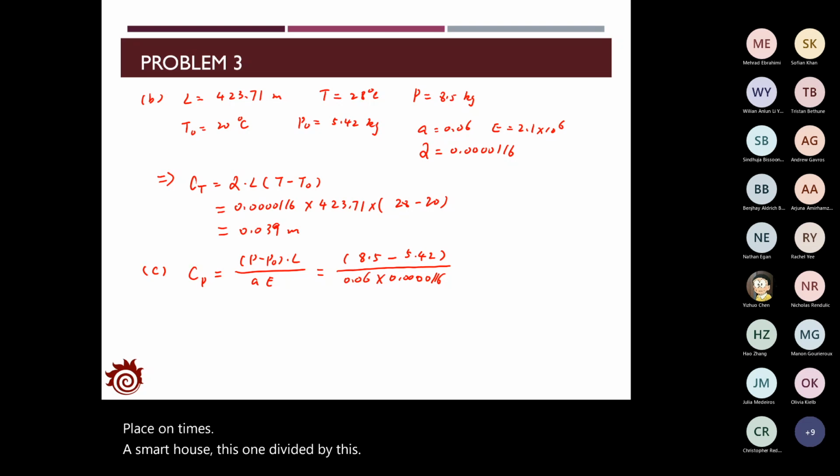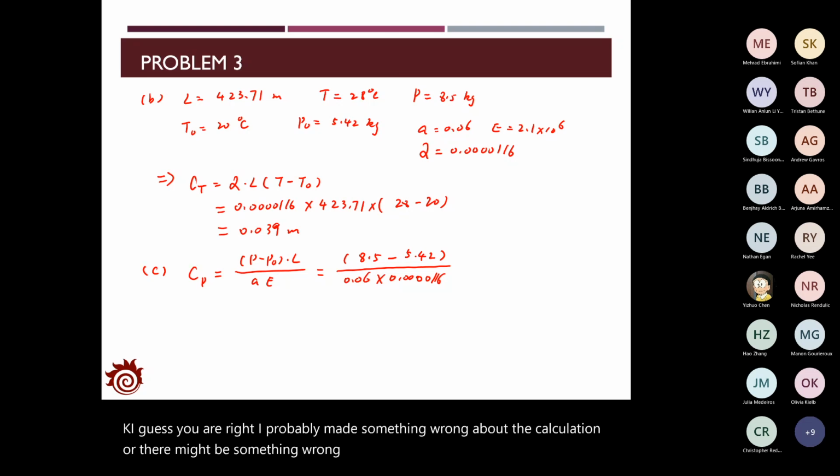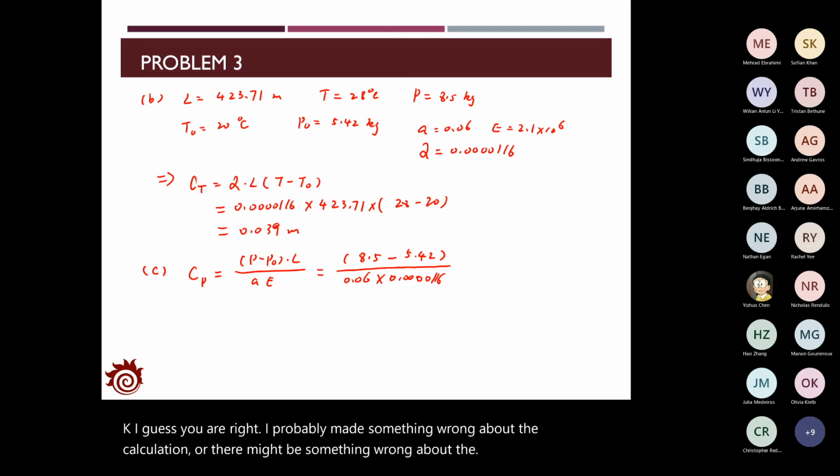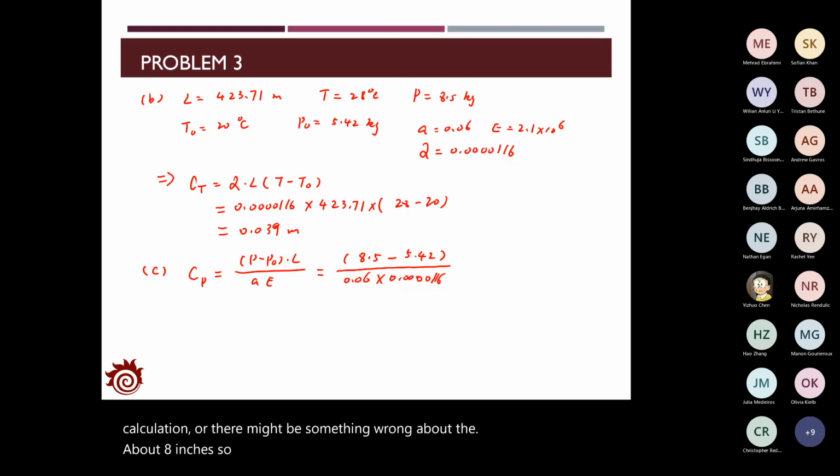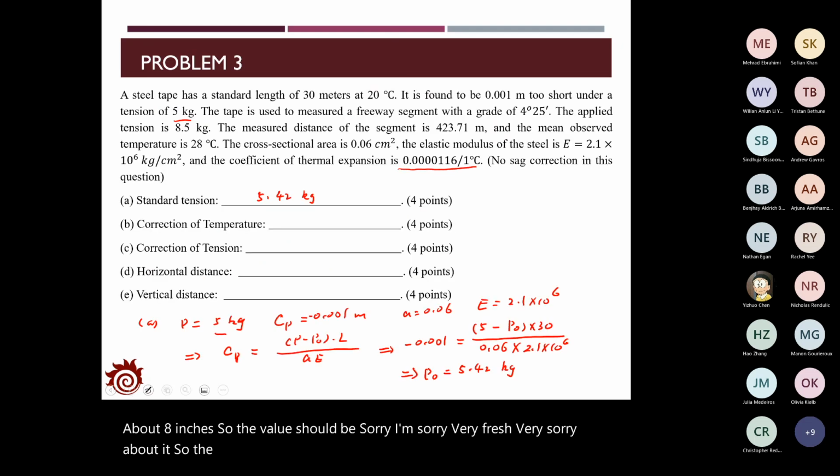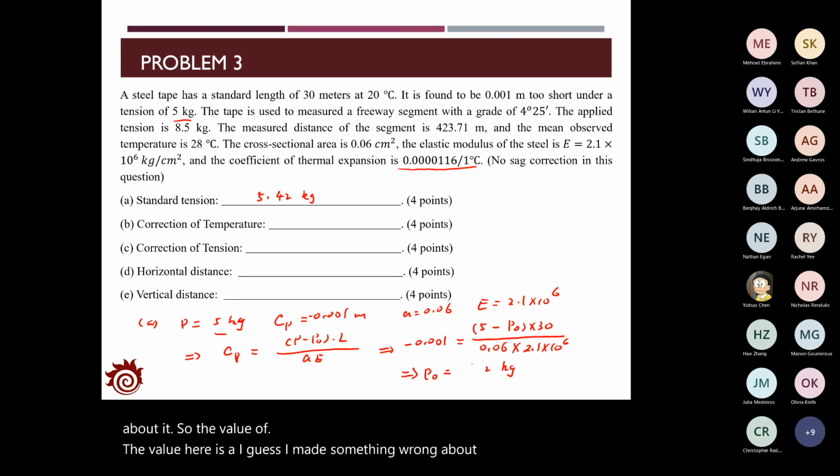Okay, I guess you are right. I probably made something wrong in the calculation, something wrong with the digits. I'm really sorry about it. So this one is 9.2 kilogram.